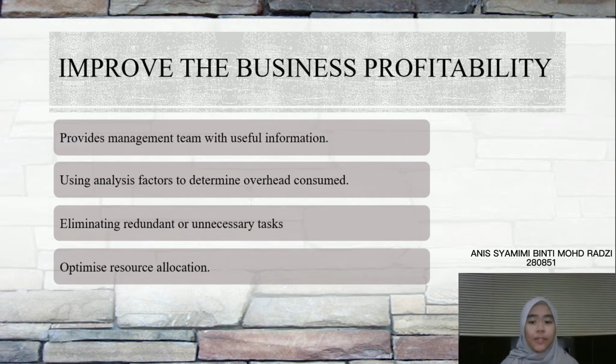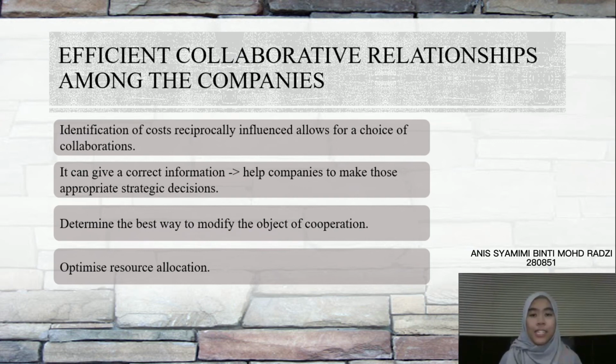The second advantage of the activity-based costing system to the logistics industry is an efficient collaborative relationship among the companies. Activity-based costing permits the planning of efficient collaborative relationships among the companies in the supply chain. The identification of reciprocally influencing costs allows for the choice of a collaboration method which is more competitive for the whole partnership.